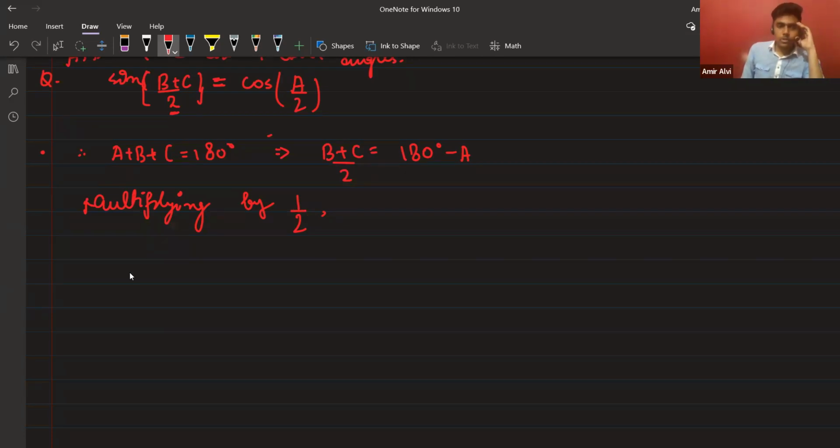So you will get (B plus C) divided by 2 equals 90 degrees minus A by 2. Yes or no? Yes, sir. So what do we need on the left side? Sine. So basically we take sine on both sides.